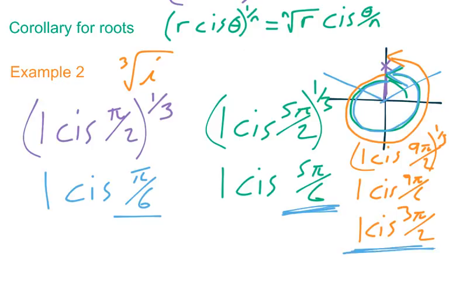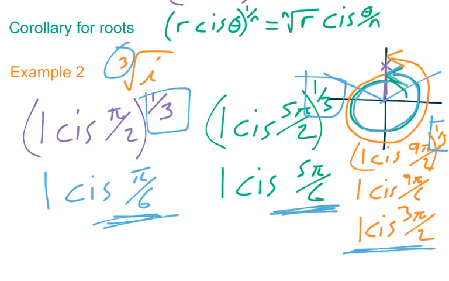In fact, as a general rule of thumb, when you're taking the roots of complex numbers, whatever root you are taking, in this case the third root, so we're raising everything to the 1/3, you will have that many possible roots. And these roots are 1 cis pi over 6, 1 cis 5 pi over 6, and 1 cis 3 pi over 2, which means we have 3 conversions to do in order to get this back to rectangular form.